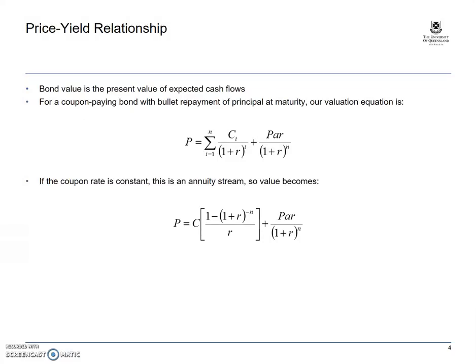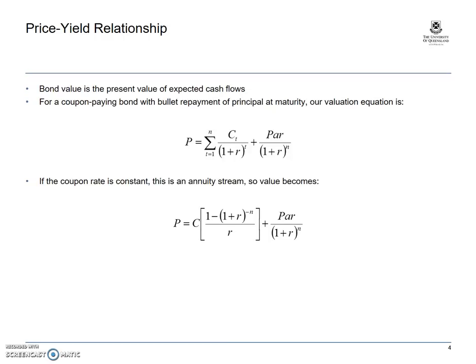So in terms of a bond, how do we value a bond? So a bond is simply a promise to make cash flows in the future. So in order to find the value of the bond, we simply take the present value of its future cash flows. What are the future cash flows?